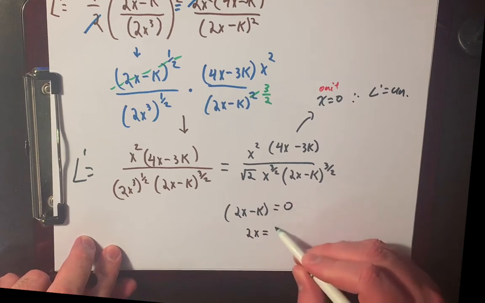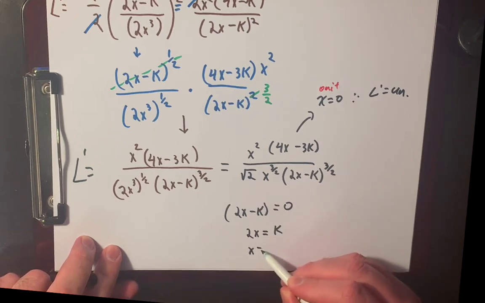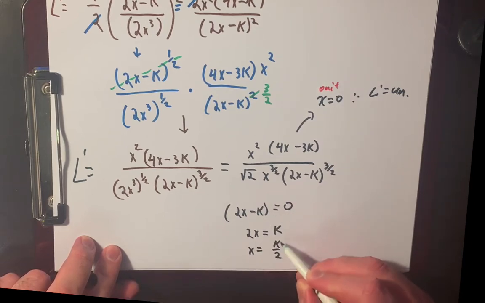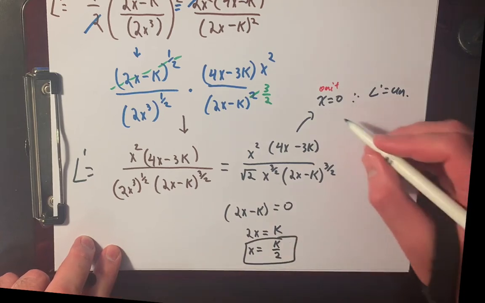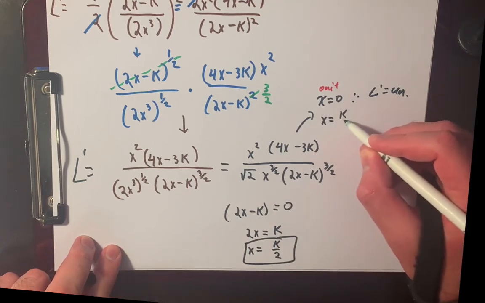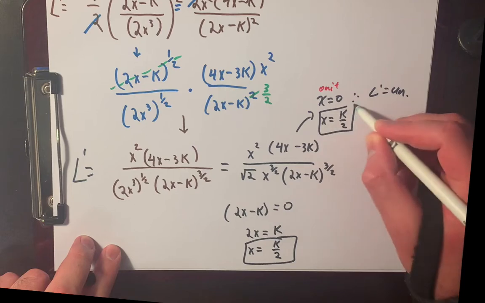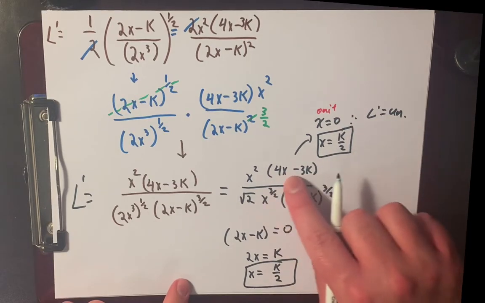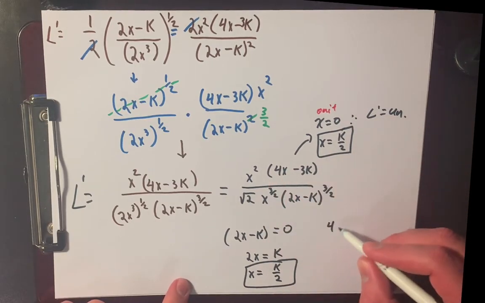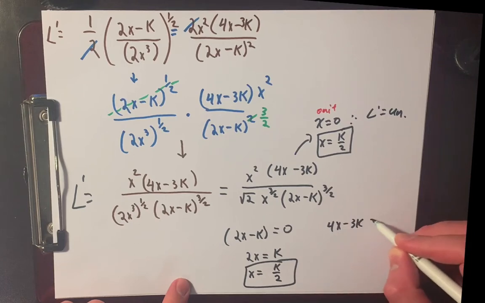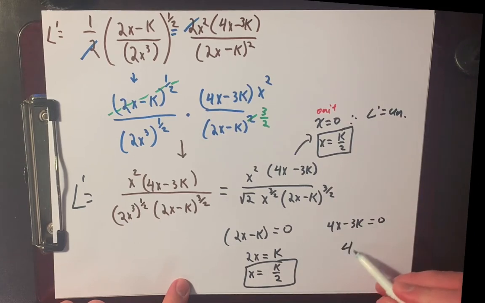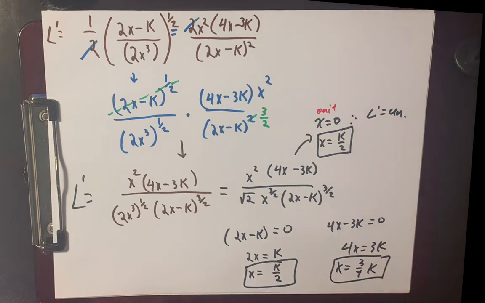So we add k to both sides. X is going to be equal to k over 2. That's one of them. The last critical value is going to be from 4x minus 3k, setting that equal to 0. So 4x is equal to 3k. We're going to simply say that x is equal to 3/4 of k.